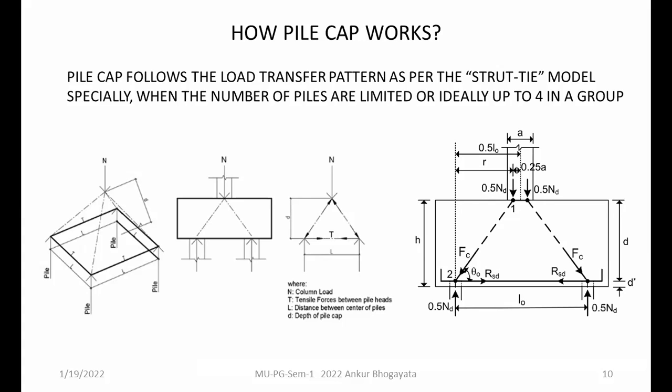At that moment, you should not ideally go for the strut and tie model because it doesn't satisfy the minimum requirement of the strut and tie model. The minimum requirement of the strut and tie model is that your distribution of the shear forces should follow a 45-degree load transfer pattern.